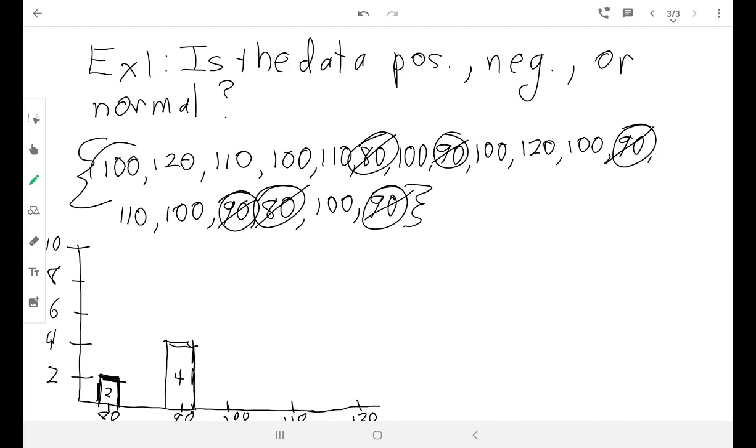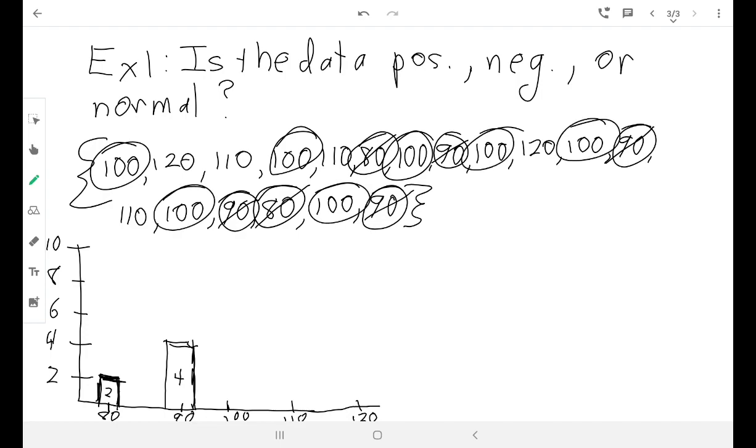Let's count the hundreds. 1, 2, 3, 4, 5, 6, 7 100s. So that'll be about there. 7 100s. 1, 2, 3, 4, 5. Oh, did I miscount? 1, 2, 3, 4, 5, 6, 7. Okay.